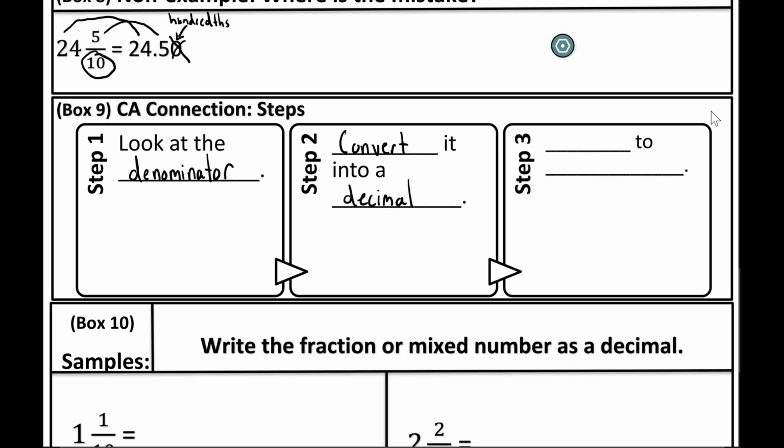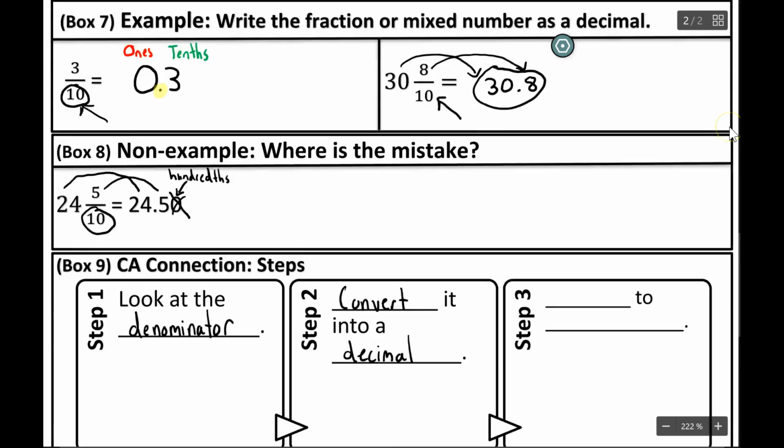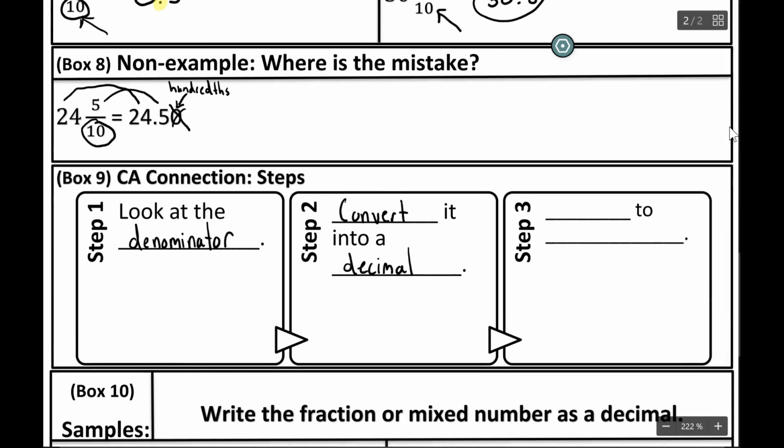I should have been a little more concise with my step there, but regardless, you understand what I mean. And our last step, step 3, is we need to attend to precision. Precision. And those are the steps.